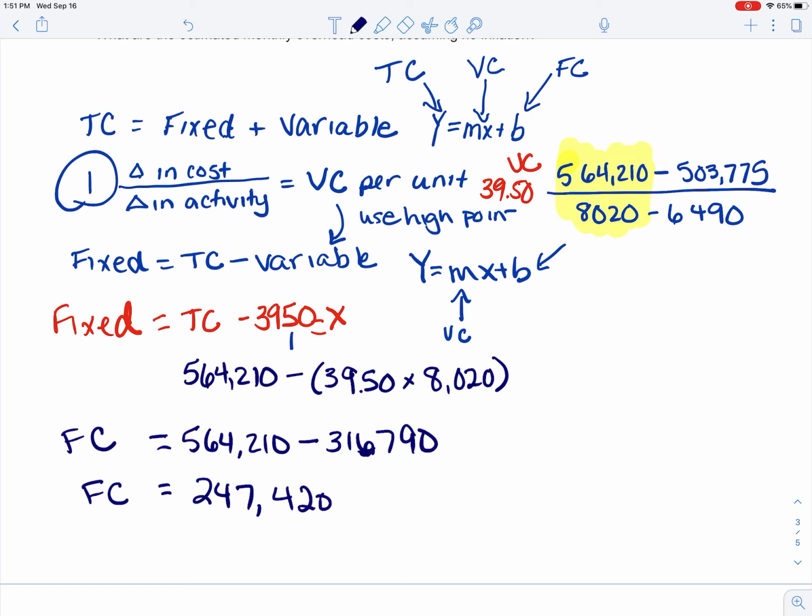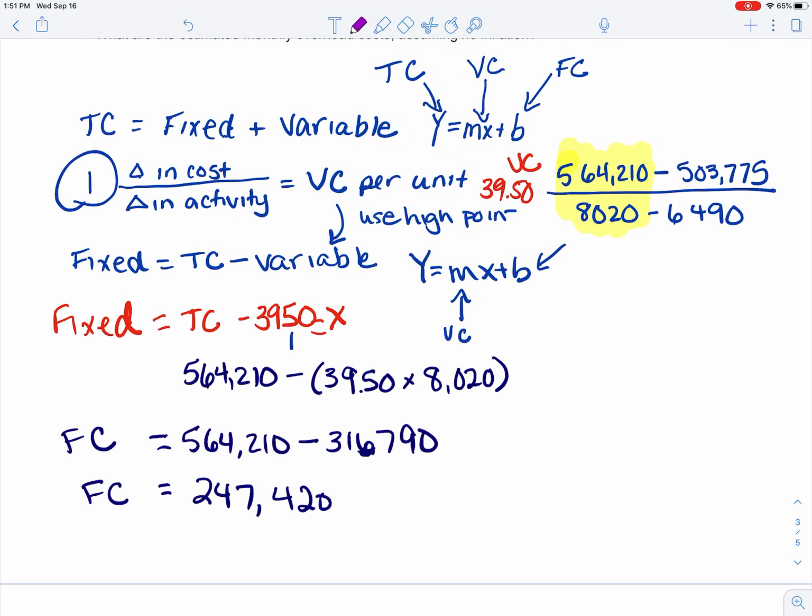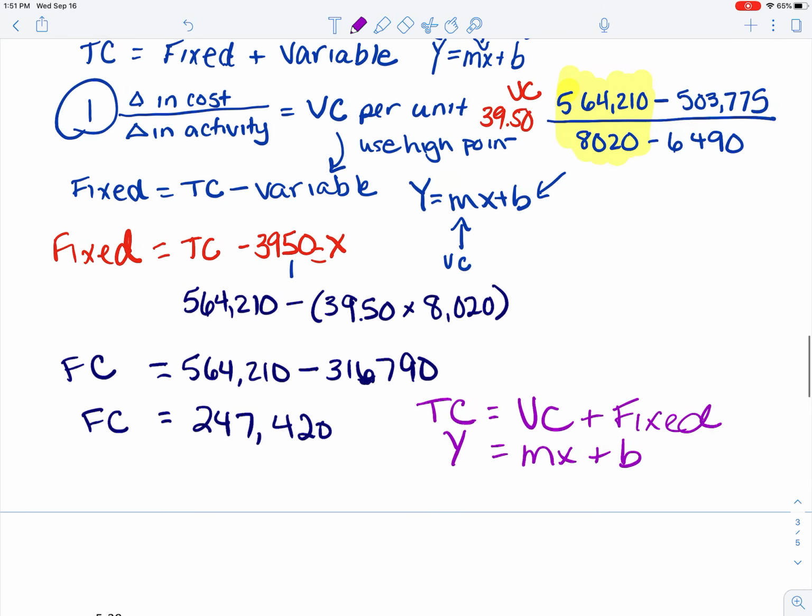So now what I can do with this is plug this into that total cost equation. Remember my total cost equation, or let me write this a different way: variable cost plus fixed cost, or y equals mx plus b.